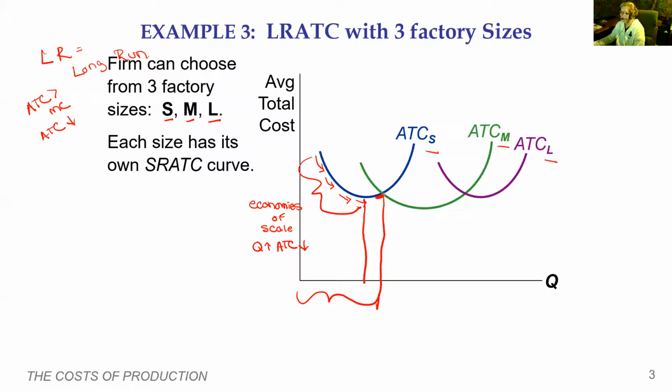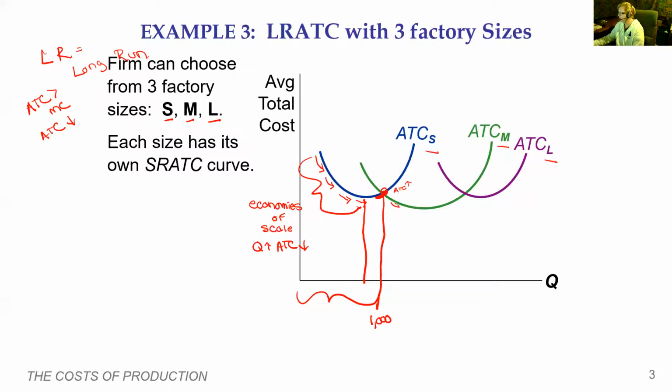I'll call this a quantity of 1,000. At a quantity of 1,000, that's where I want to say, hey, my average total cost curve is starting to increase. My average total costs are increasing. I don't want that to happen. So I'm going to open up another factory or increase the capacity of my factory at this point.